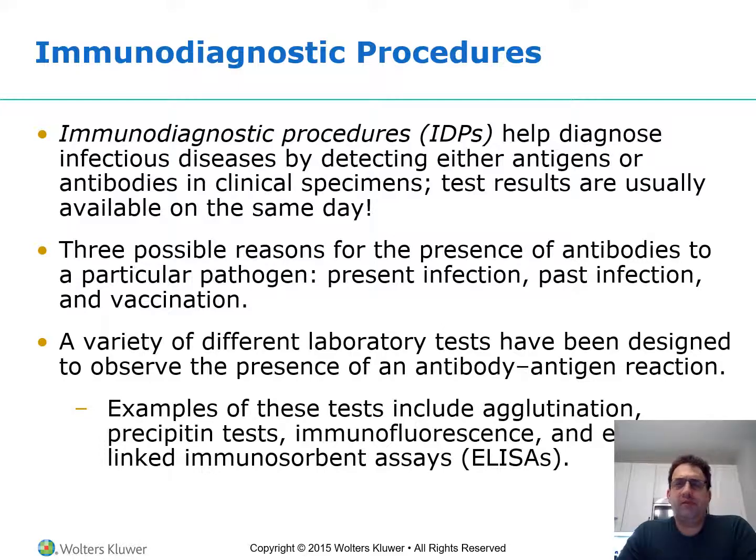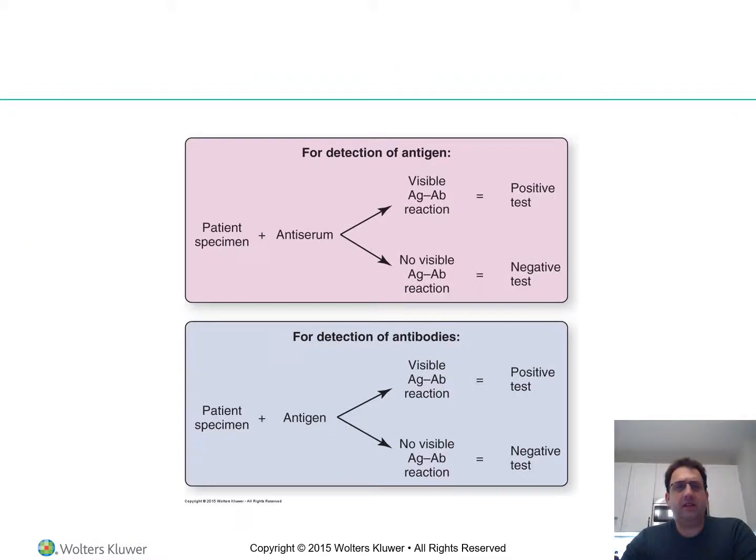A variety of different lab tests have been designed to observe antibody antigen reactions. ELISA tests, which is enzyme-linked immunosorbent assays, are used to detect certain diseases like HIV, like Lyme disease, and they're pretty accurate.